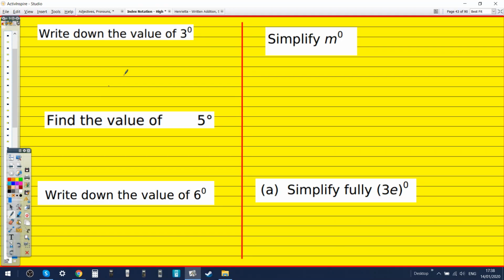So, exam questions. What is 3 to the power of 0? Is it 0? No. Any number to the power of 0?